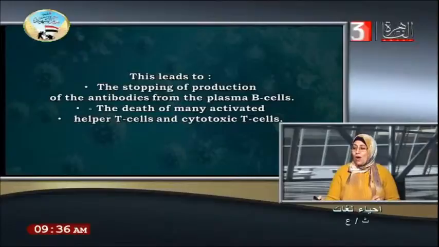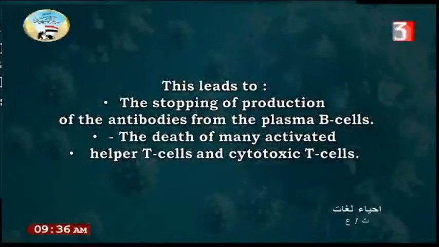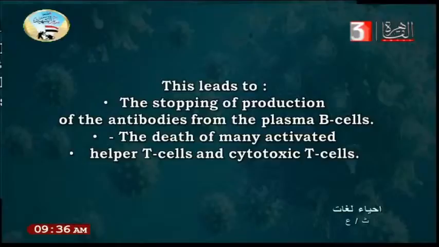This leads to stopping the production of antibody. When the body stops making antibody, what happens in the plasma? Many activated helper T cells die, and the cytotoxic T cells become not available in the plasma.